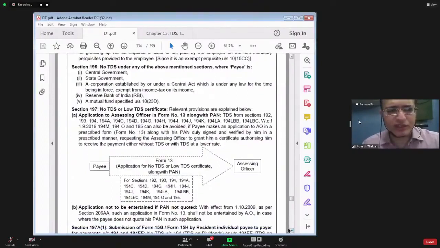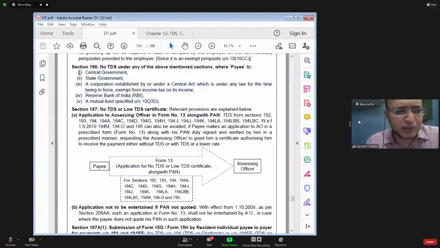Next is section 196. This I have already told you twice or thrice as a passing reference. 196 says that when you are making payment to the central government, state government, a corporation established under a Central Act, State Act or Provincial Act, the Reserve Bank of India, or a mutual fund specified under section 10(23D), in that case you should not deduct any TDS.